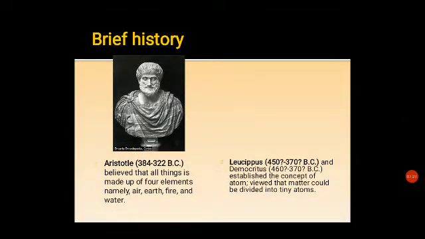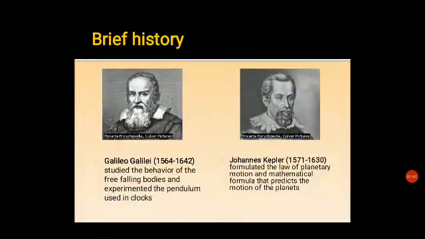So, a brief history of physics. Okay, so we are going to go to the ancient period. We have the prominent philosophers. We have Aristotle. So this is his contribution. Then we have Leucippus and Democritus, Galileo Galilei.